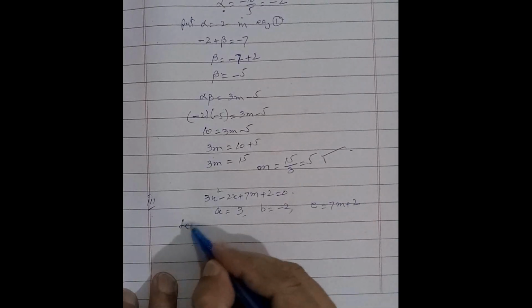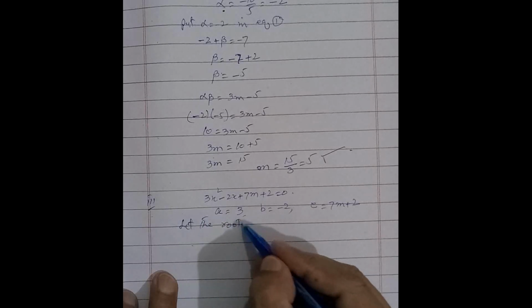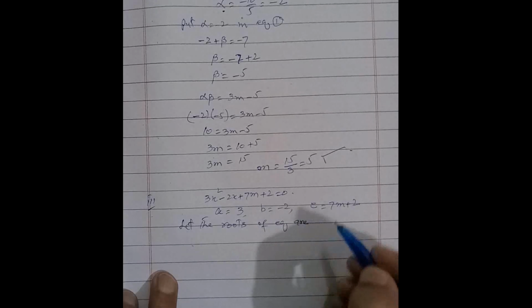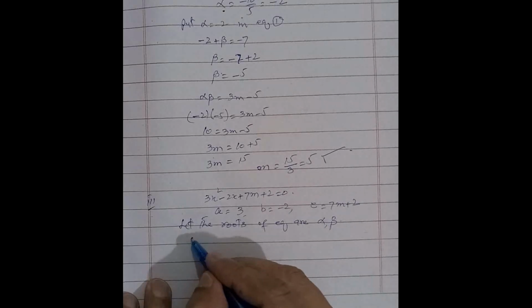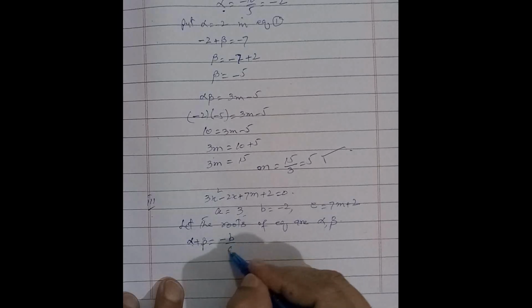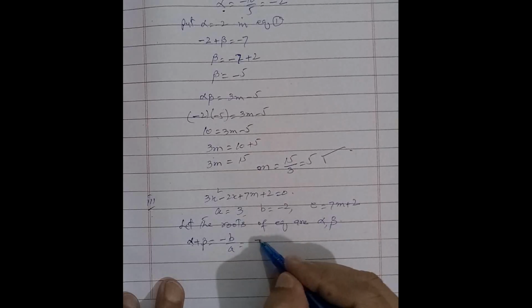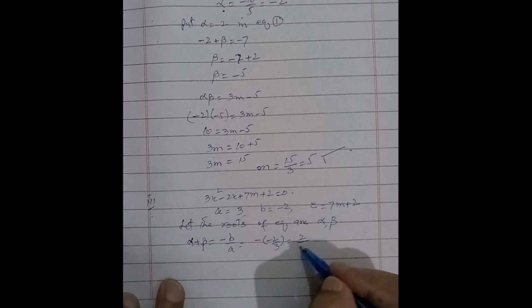So let the roots of the equation be alpha and beta, and find first the sum of roots, which is alpha plus beta is equal to minus b over a. We put the value of b and a in the equation, we get minus minus 2 over 3, which is equal to 2 over 3.